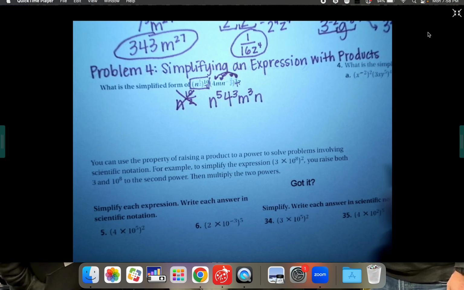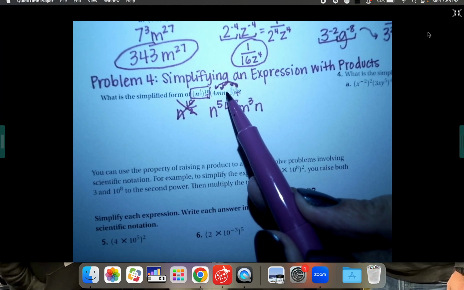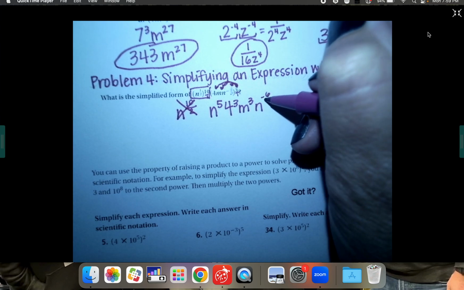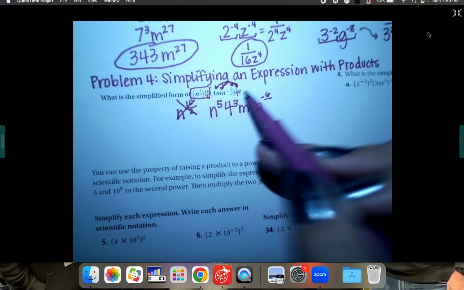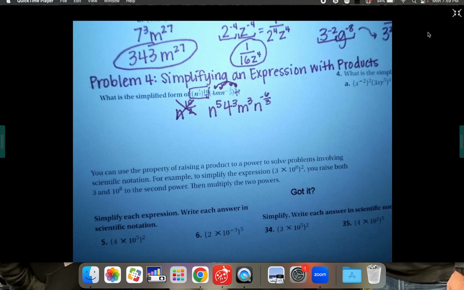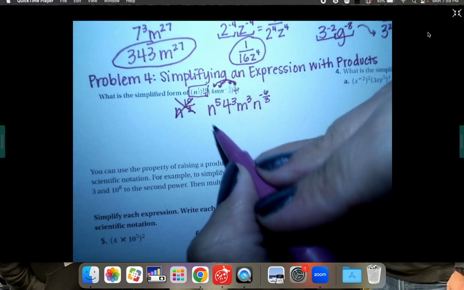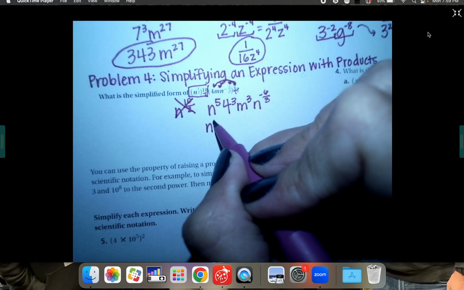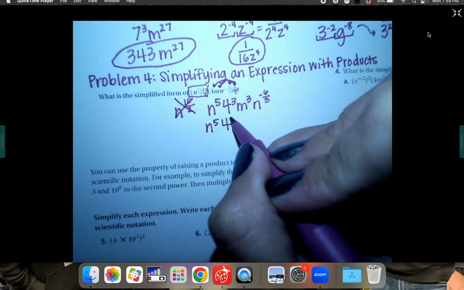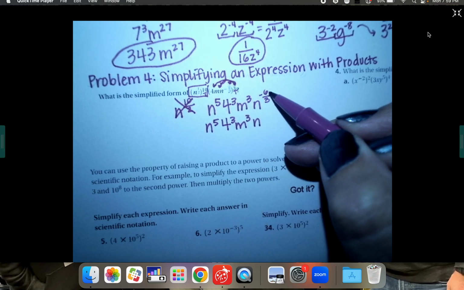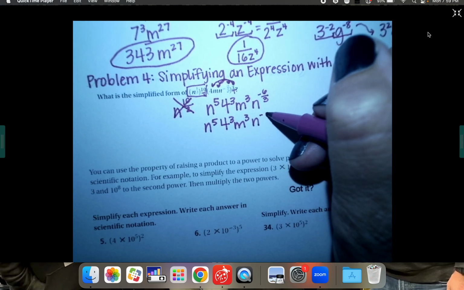Remember, that's like 3 over 1. So -2 times 3 is -6, and 3 times 1 is 3. And we're going to have to simplify that. So let me just go down below it. We have n to the 5th, 4 to the 3rd, m to the 3rd, n to the -6 divided by 3 is -2.